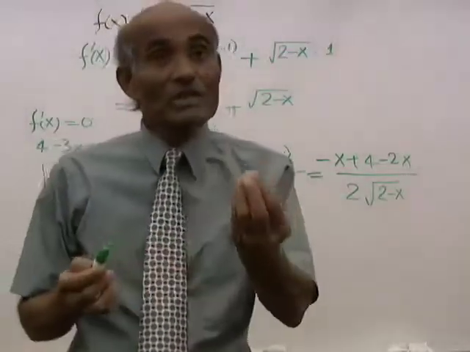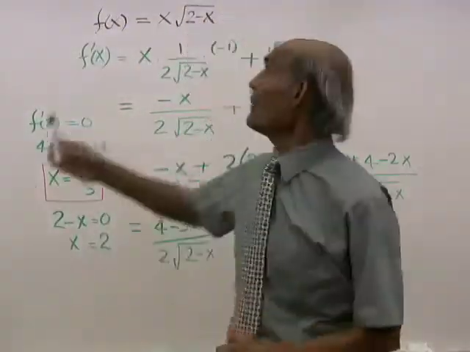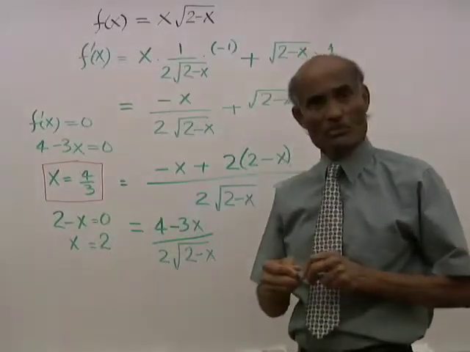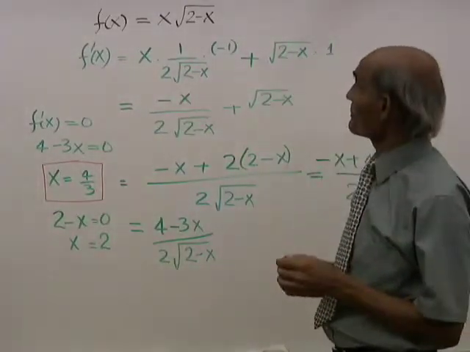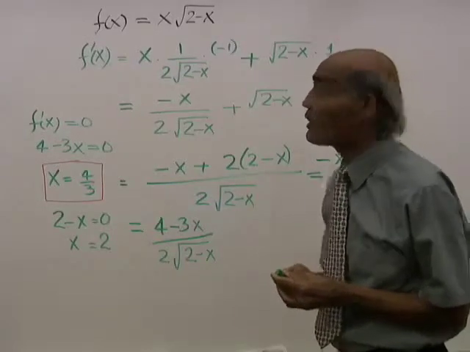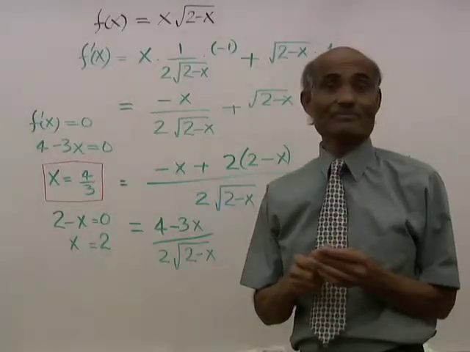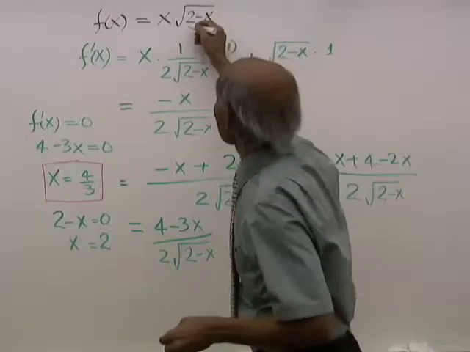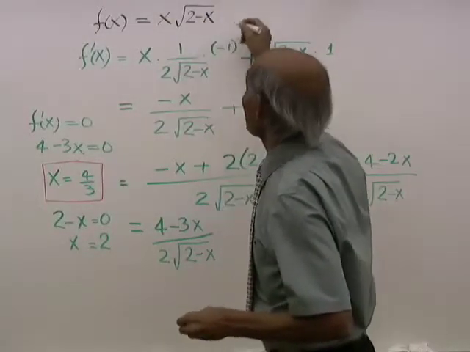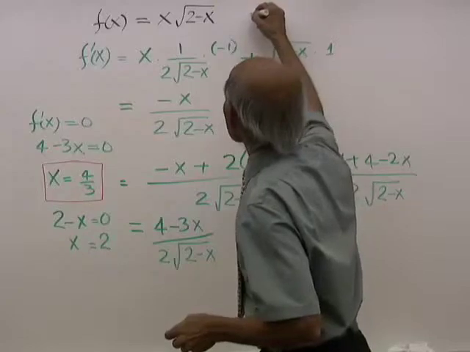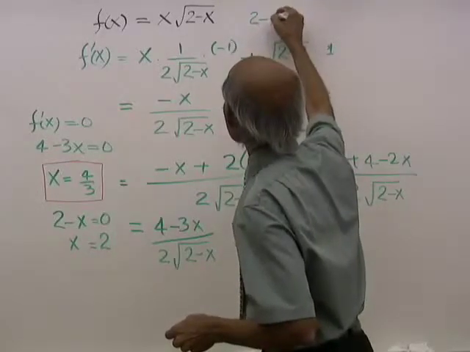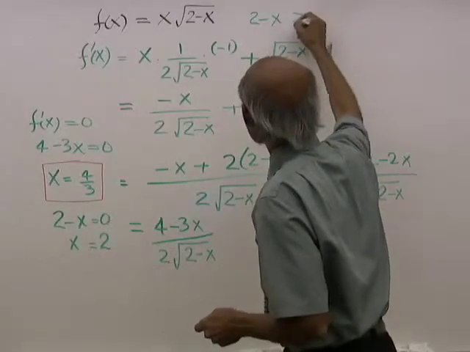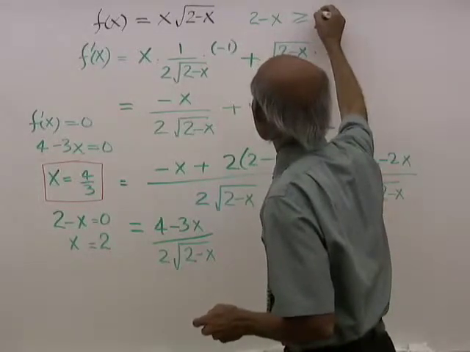X equal to 2 could be a critical number. But is it actually a critical number? Go and look at the function again. Is x equal to 2 in the domain of the function? Well, it is in the domain, because for the square root of 2 minus x, the condition is that 2 minus x has to be greater than or equal to 0.